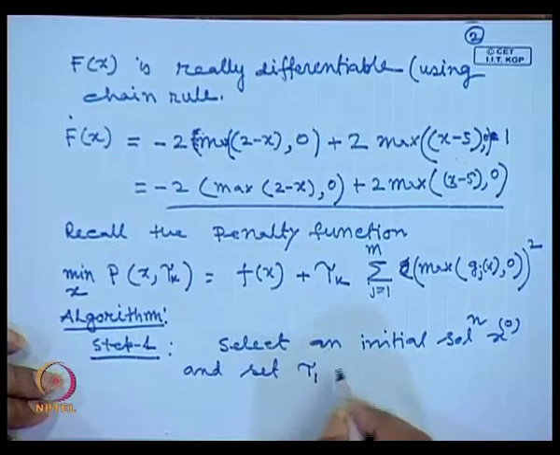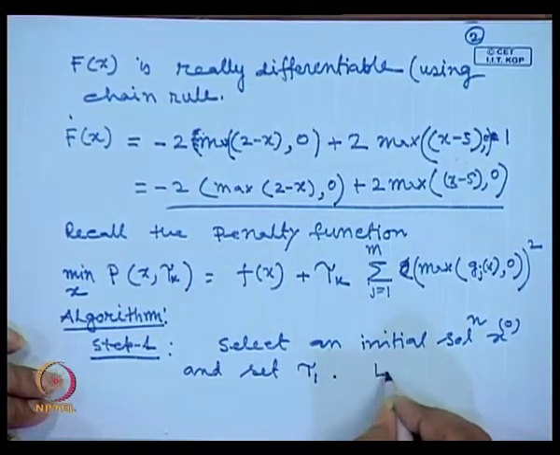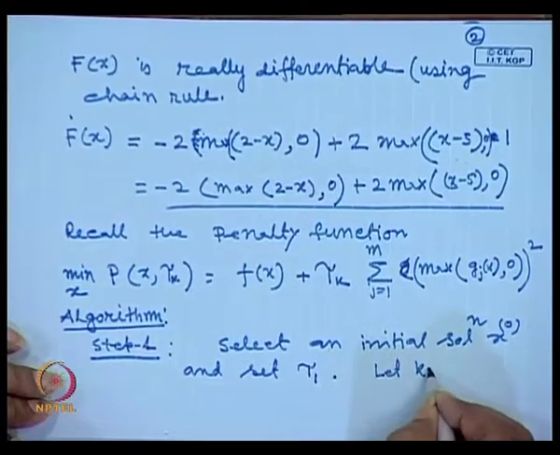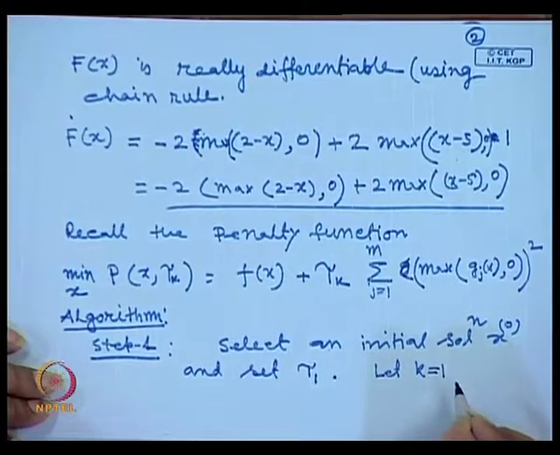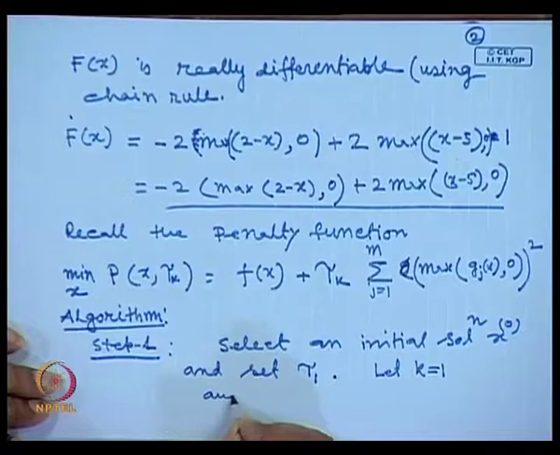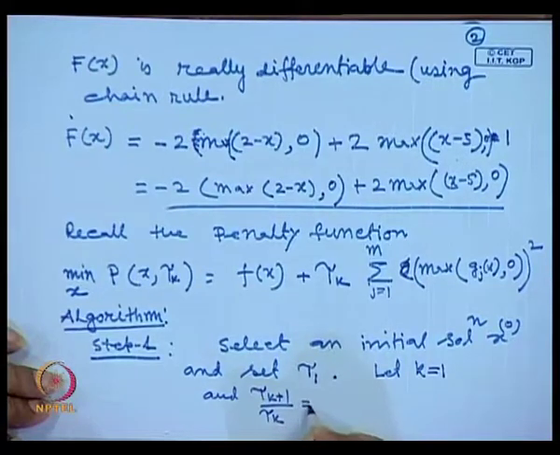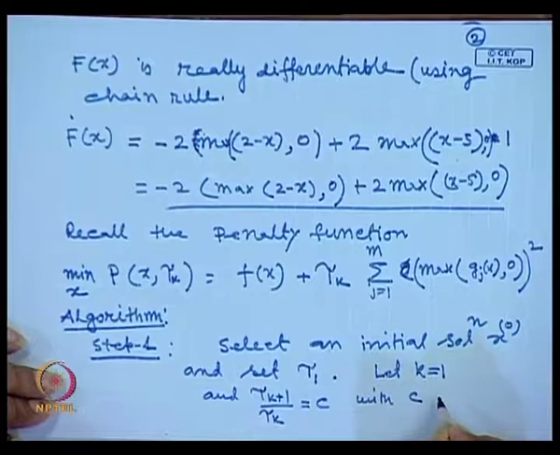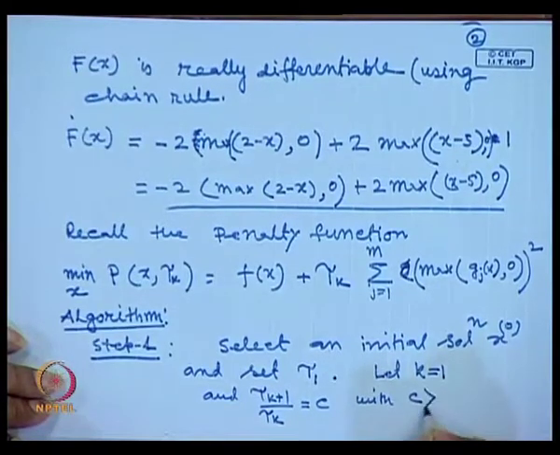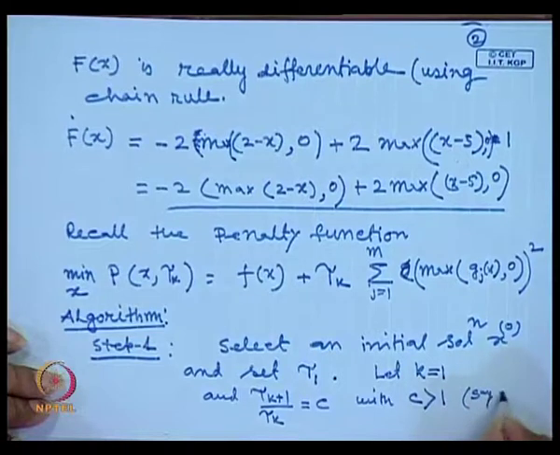Tau 1 value you set to a very low value. Let the iteration start with k equal to 1, and for the next iteration, k plus 1, tau k plus 1 is c times tau k, with c greater than 1, say c value is 10.